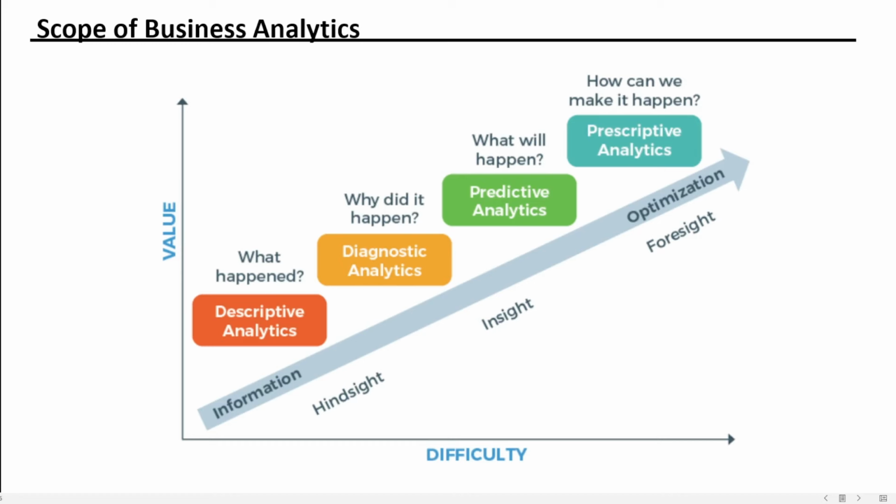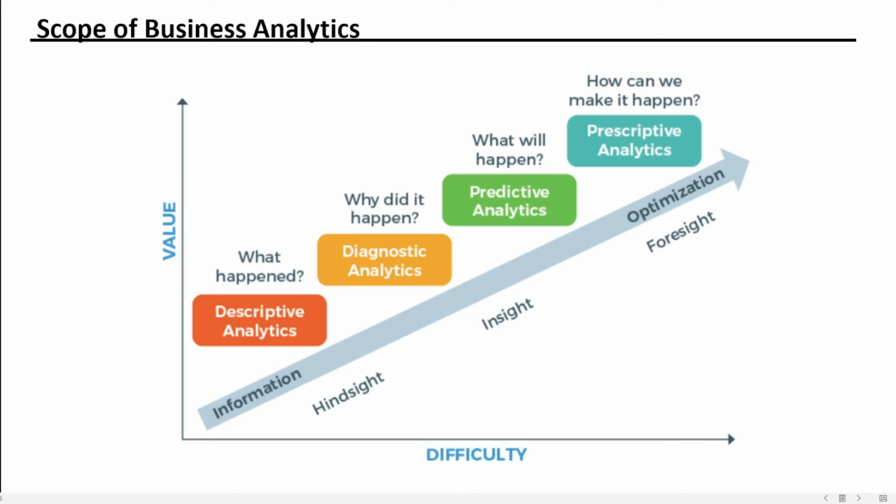And also you can see there the level of complexity. Okay? For descriptive analytics, its complexity is low. And its value is that it provides the foundational understanding of historical data. Okay? The limitation of descriptive analytics is that it's backward-looking and doesn't offer insights into why things happen or how to influence future outcomes.